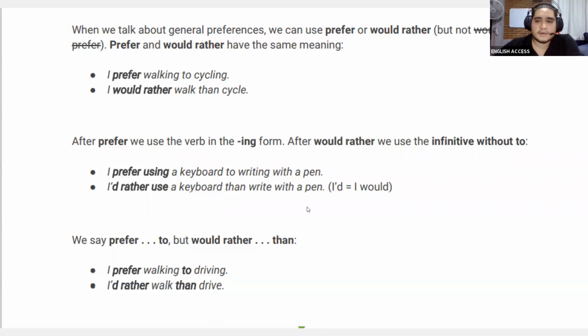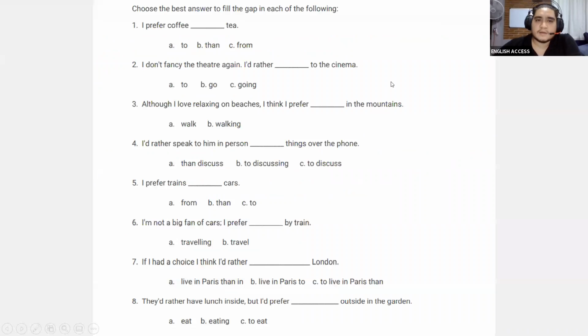All right. Questions? No. All right. Perfect. Let's continue then. We have 8 sentences here that need to be completed. We have the options here, which is kind of similar to the exercises in the exam.